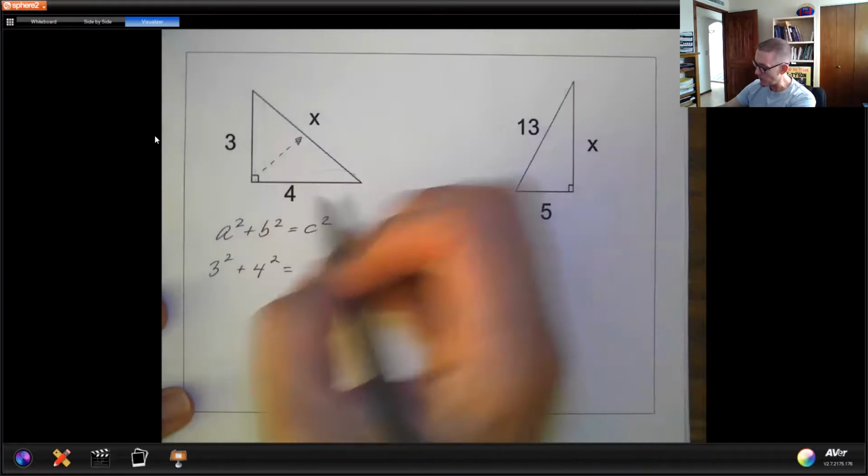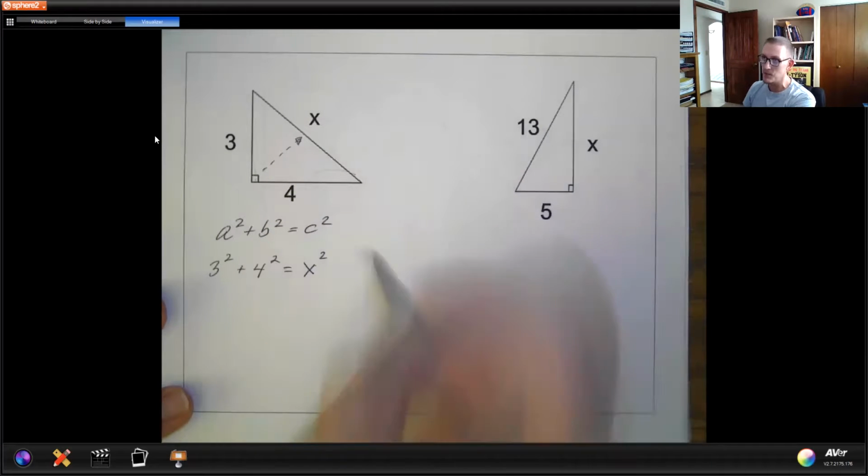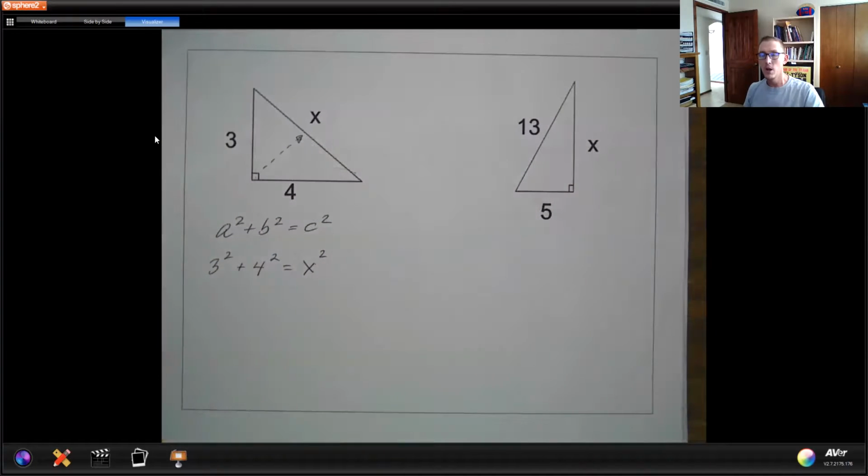And side C is where my variable is. That's my x squared. This is the one I'm going to be solving for. I'm looking to find the missing side, so I'm going to have to solve the equation to figure it out.